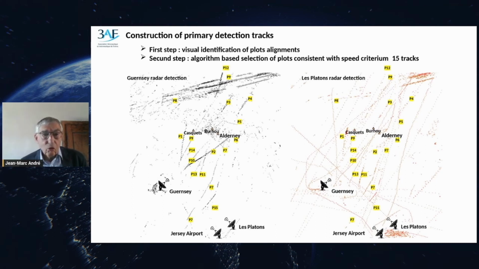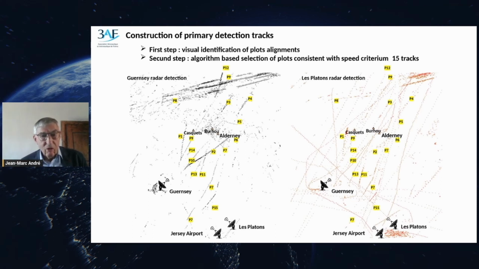That is, do the plots progress and advance at a regular speed, which we can calculate. So we had to apply a selection algorithm to the file for this purpose, and this way we have been able to identify 15 tracks that you can see here.